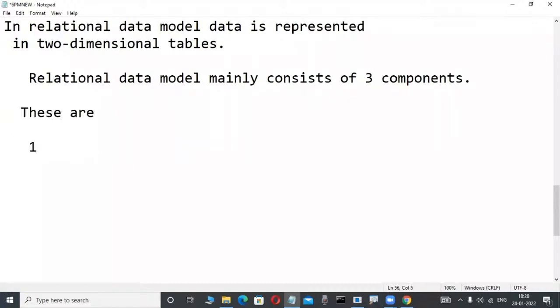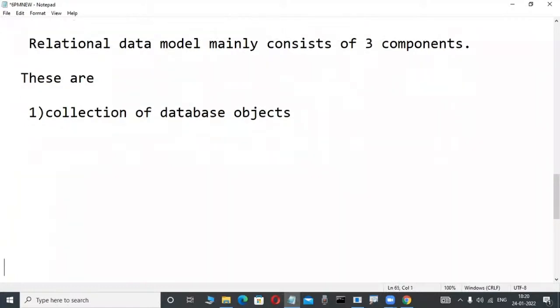What is the first one? A simple collection of database objects. In software like Oracle, SQL Server and DB2, a collection of database objects is available. What is this? That is what we learn daily.